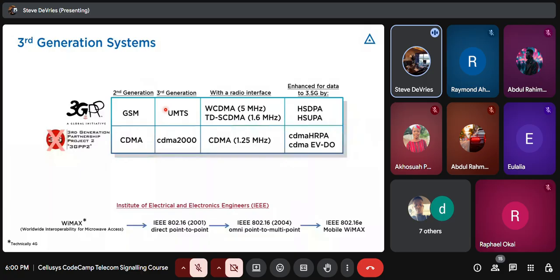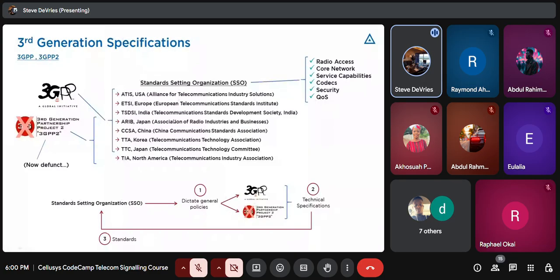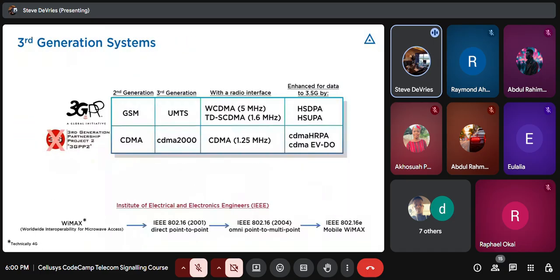Their third generation was called UMTS, Universal Mobile Telecommunications Service. The radio interface was wideband CDMA. There was one country, I believe China, that had time division synchronous CDMA. I don't know what that was all about. That's a narrower wideband CDMA, but wideband CDMA was predominant in the world.